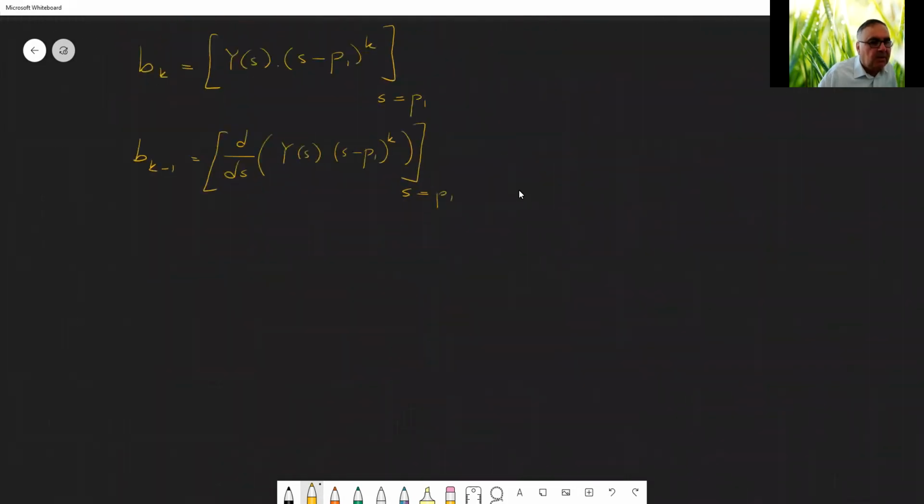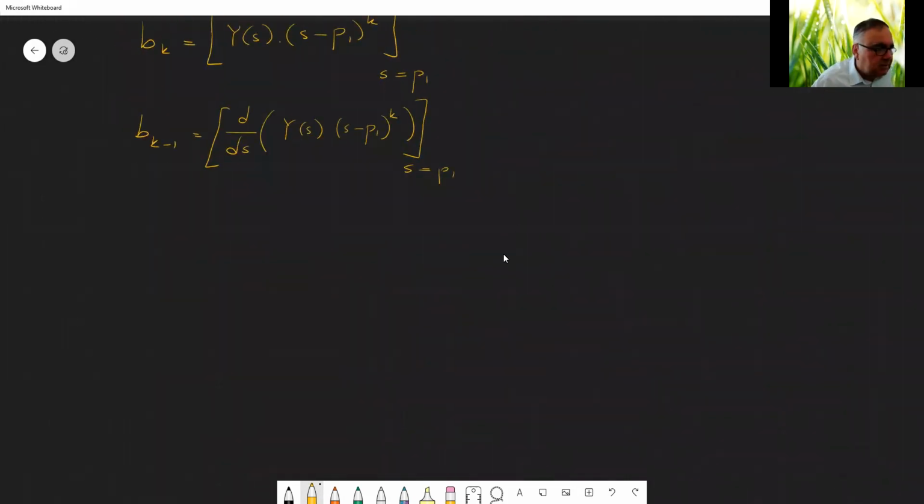And the general expression for this is that b_(k minus i) is simply 1 over i factorial times the i-th derivative. It is possible to prove this, but I'm not going to spend time on it. If you are interested, you can look at your book, or just ask me personally, and I will show it to you, but I won't spend time on this.